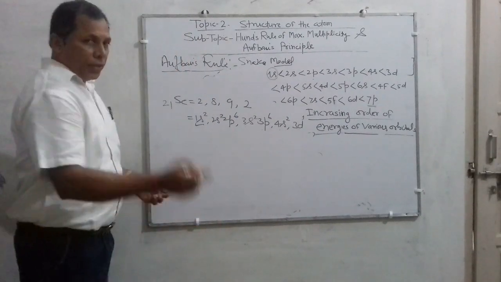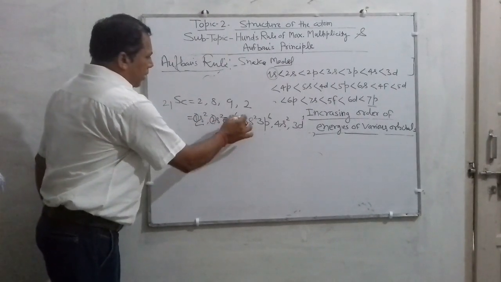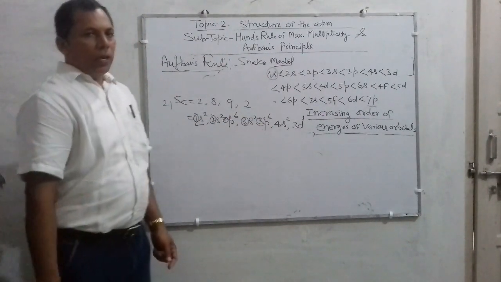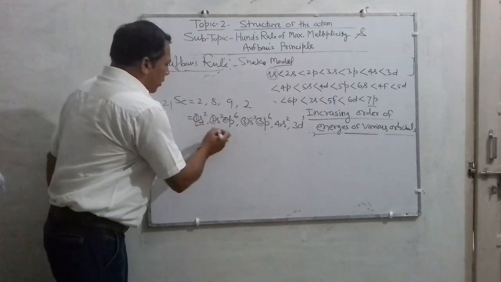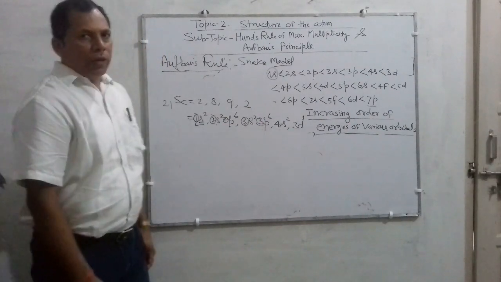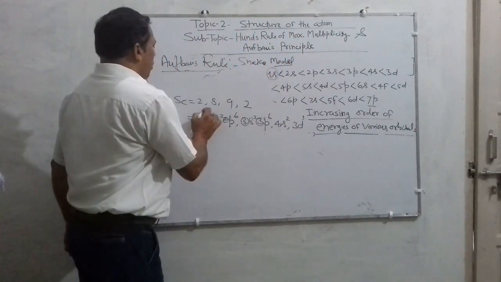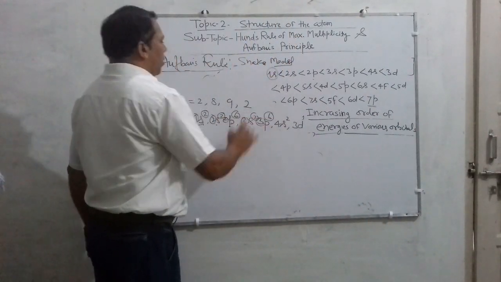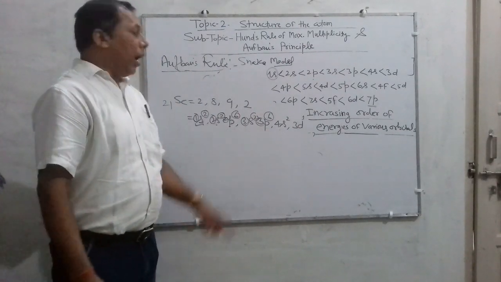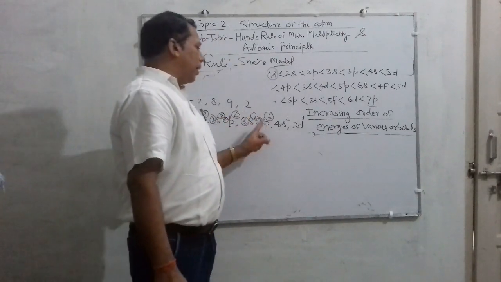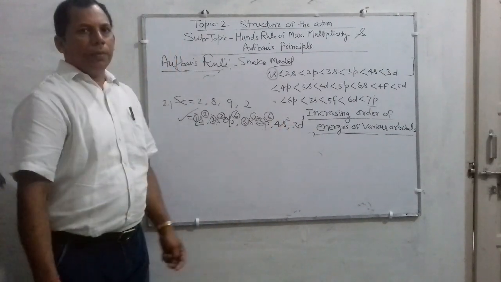Must remember one more point: the numbers written show the principal quantum number, and the notations s, p and d show the azimuthal quantum number l. The numbers written on top show how many electrons are present in that orbital, and also the spin of each electron. All things are hidden in this configuration.